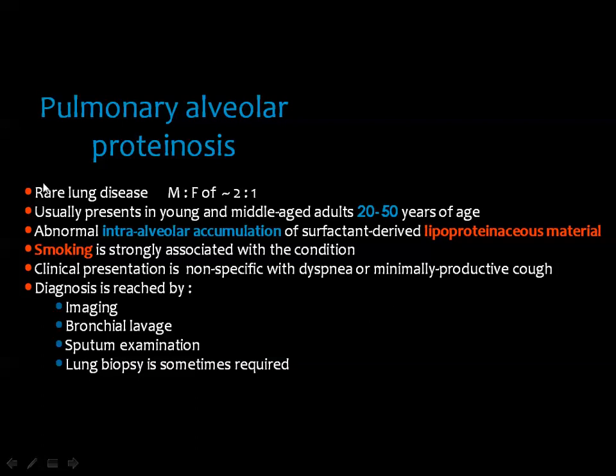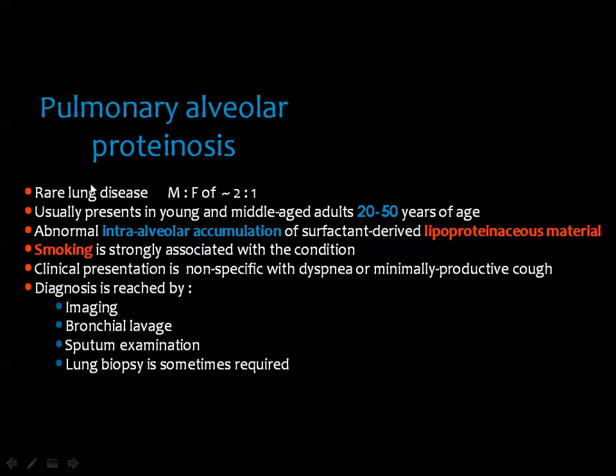This is a rare disease, relatively more common in males compared to females. The age of presentation is relatively young, between 20 and 50 years, and the disease occurs due to intra-alveolar accumulation of lipoproteinaceous material, and it is strongly associated with smoking. The presentation is non-specific, with dyspnea and non-productive cough.